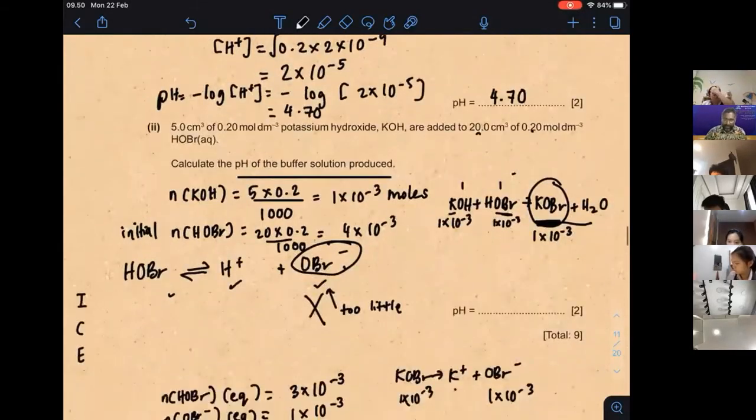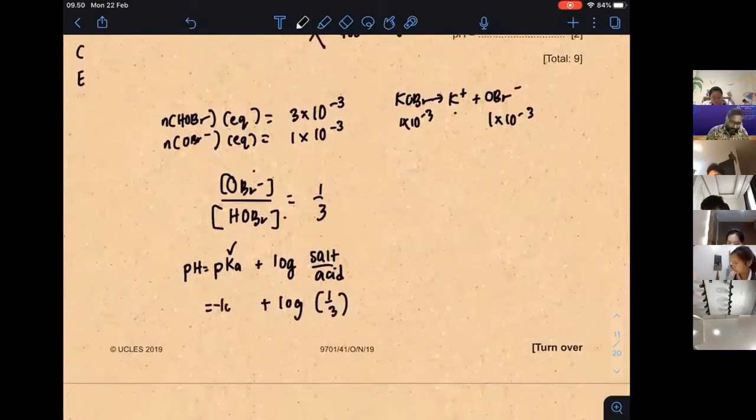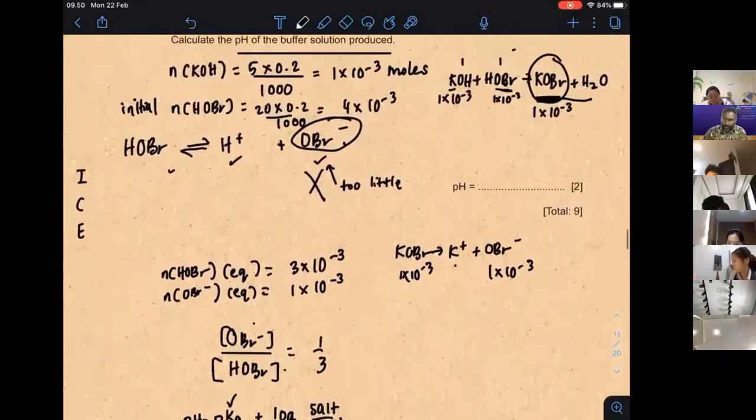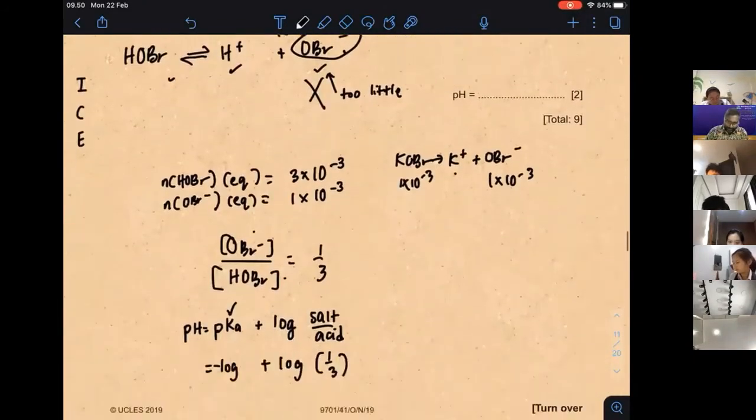You can calculate the concentration of salt and acid. You can see this is the salt, this is the acid. So you can use log 1/3. pKa is going to be negative log 2 times 10 negative 9.